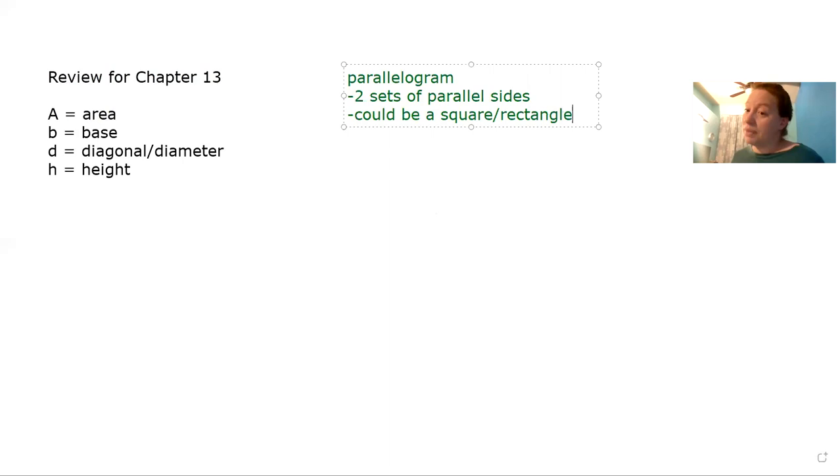Remember, those are two special types of parallelograms. So our equation there is A equals BH. The area is equal to the base times the height. And it looks something like this.